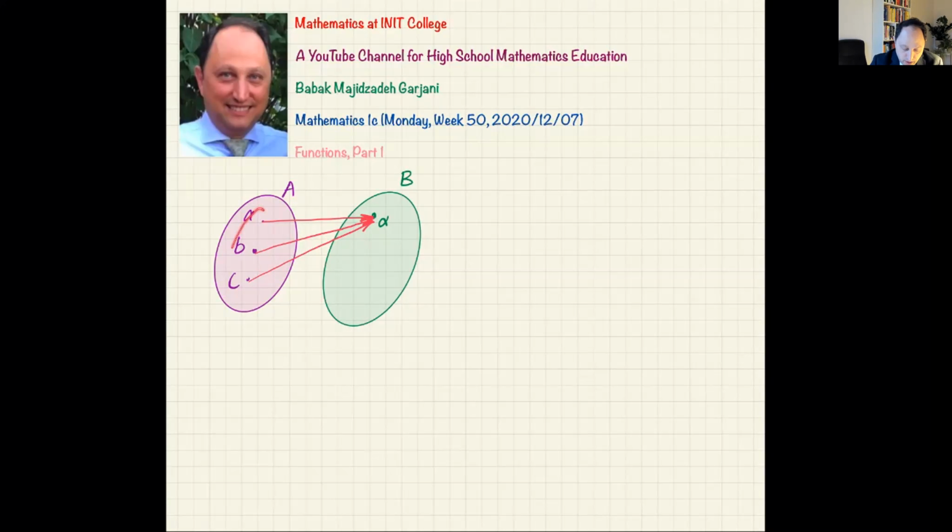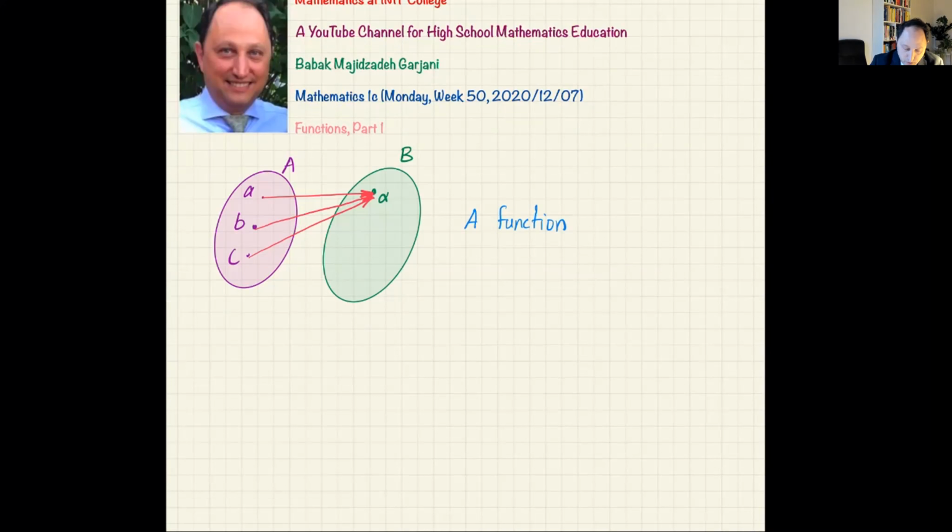And you see here, I have 3 elements. Here I have only one single element. So that is also a function. So let me write it. A function. So this is also possible. You see that here the number of elements in A is bigger than the number of elements of B.